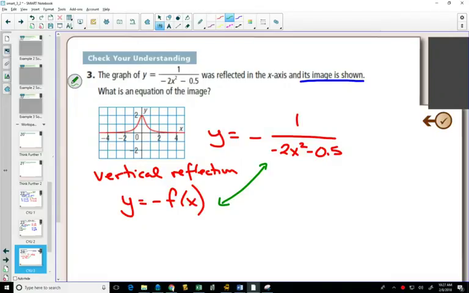Can you see that that's what I have? If I put green brackets here, that's my original function, and I've just put a negative in front. So if you left your answer like this, it would be right. But sometimes when we check our answer with the answer in the back of the book, our form doesn't match up with the form in the back of the book.